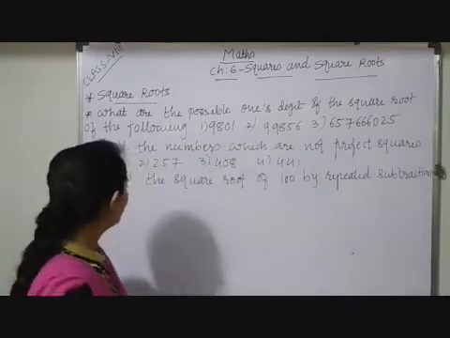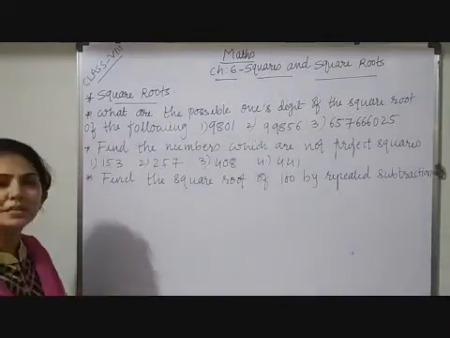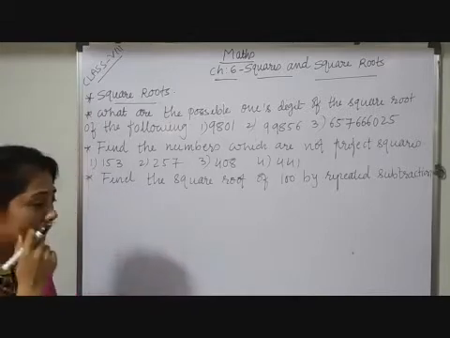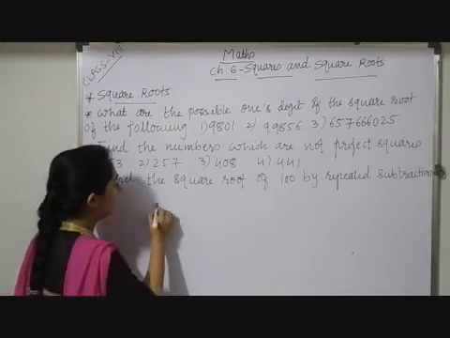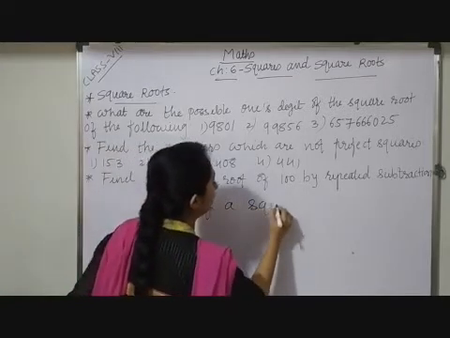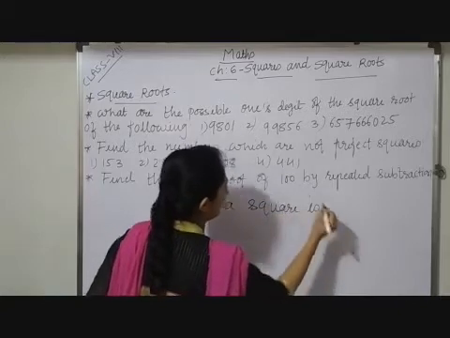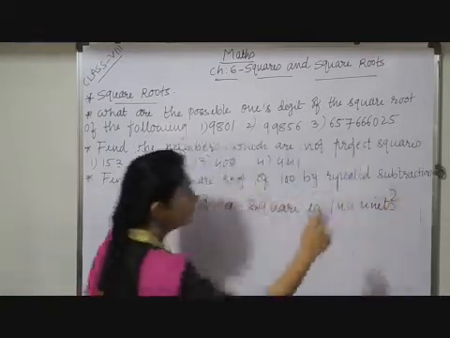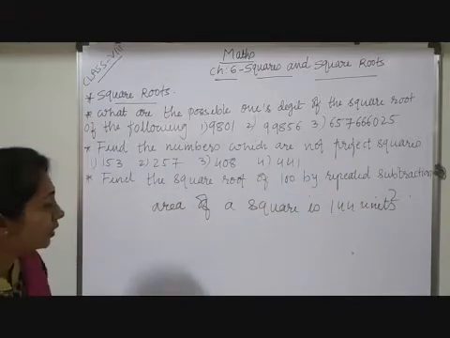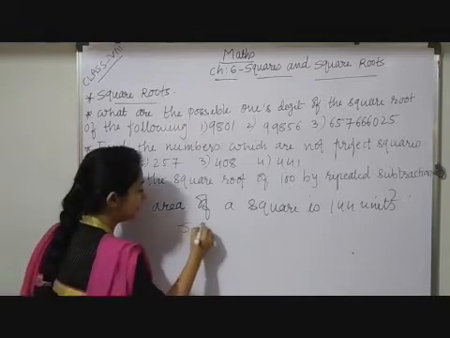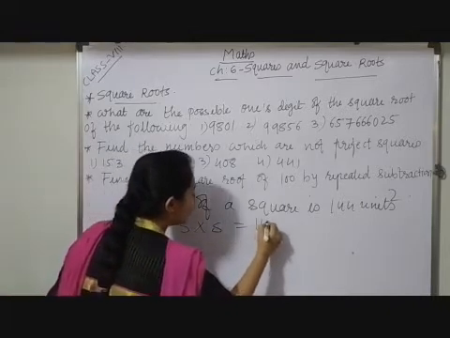Now see, previously in 7th standard you have studied one type of problem: suppose the area of a square is 144 units square. So what could its side be? How do we find it? We know that the area of a square is side into side, which equals 144.